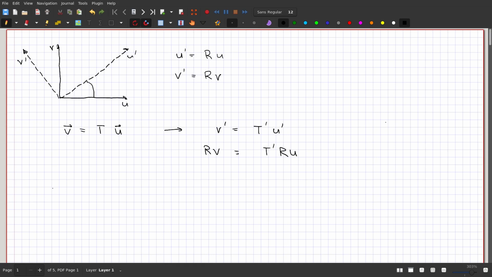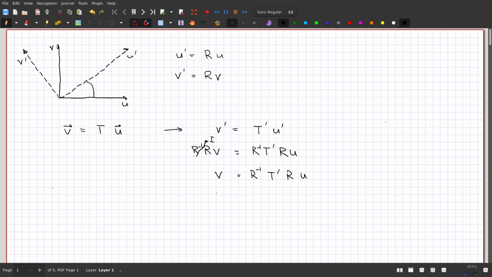So then I can multiply on the left by R inverse. Remember a matrix inverse times itself is the identity matrix, and the identity matrix times a vector is just the vector. So that's when we have V equals R inverse T prime R U.